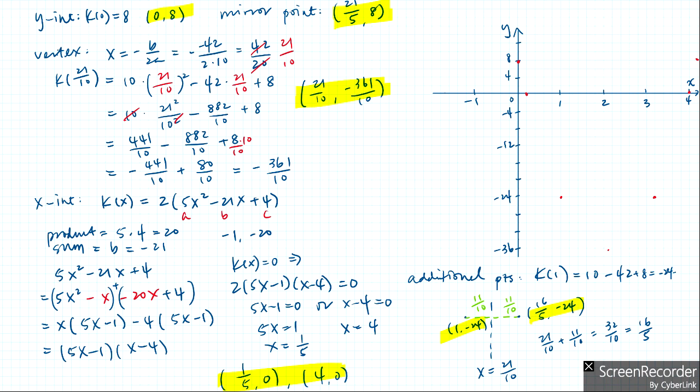And once we have all these points, again, you can check they are roughly symmetrical along the axis of symmetry. And then we can go ahead and connect all the points. This is going to be a little bit more challenging because my graph is fairly wide over here. And once you connect the graph with a smooth, nice curve, this is going to be the graph for our k of x in this case. And that's how we do it for trinomials when the leading coefficient is not equal to 1.